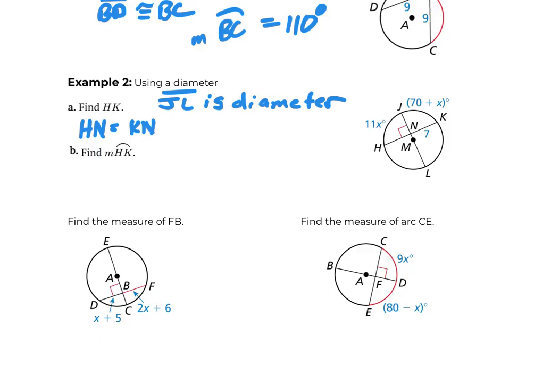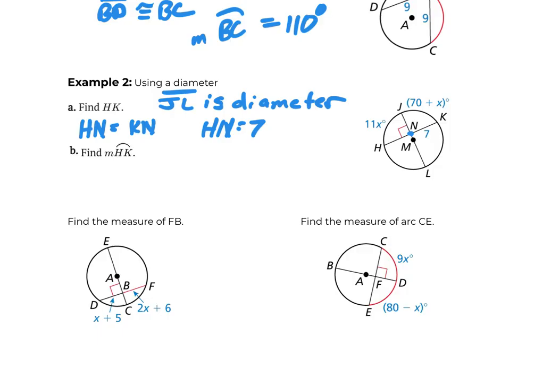N is this little point right here. So if NK or KN is 7, then what does HN have to be? 7, okay? And so HN is 7.